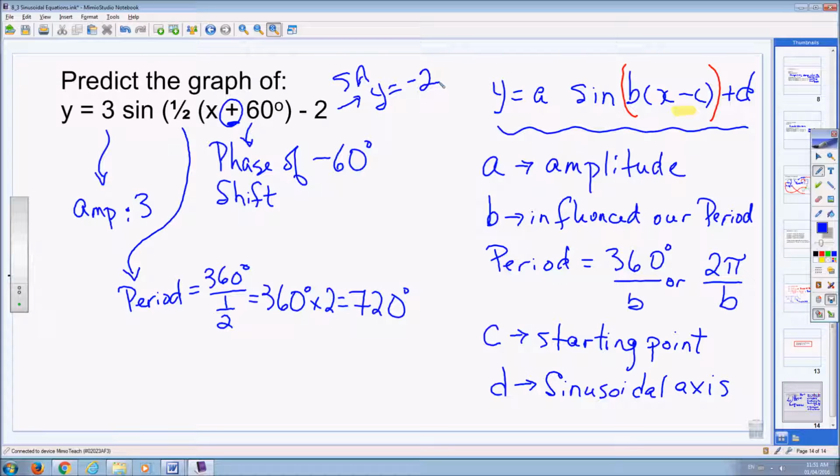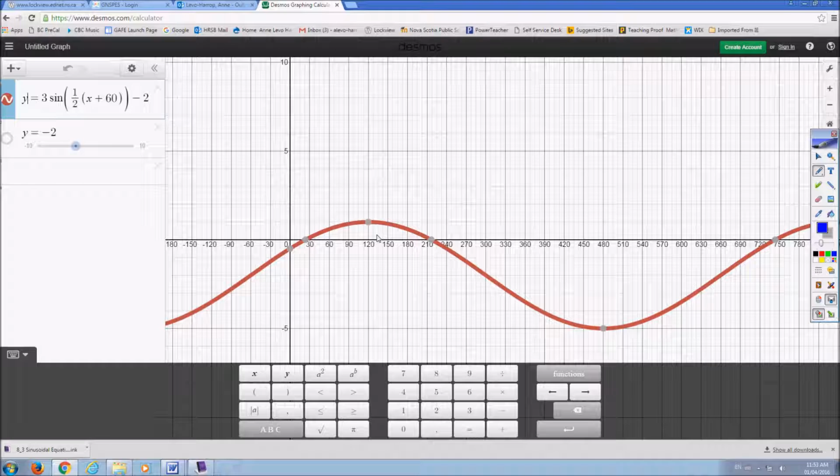Now, going to Desmos, let's have a look at that. So here we are in Desmos looking at our graph. You can see from the graph that our amplitude is 3.